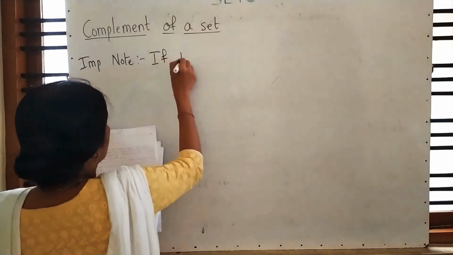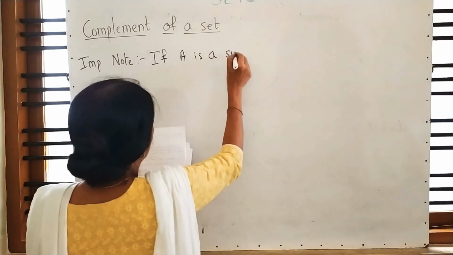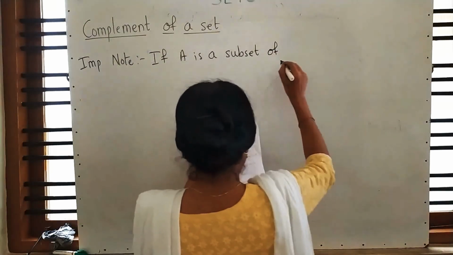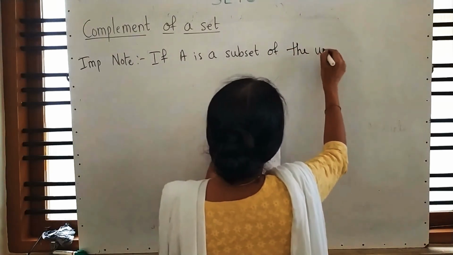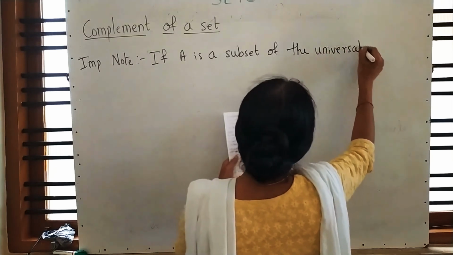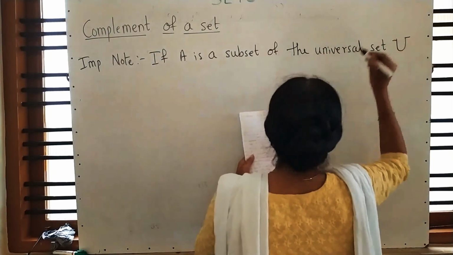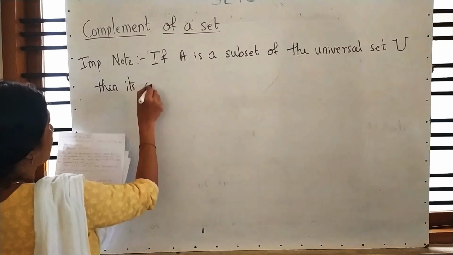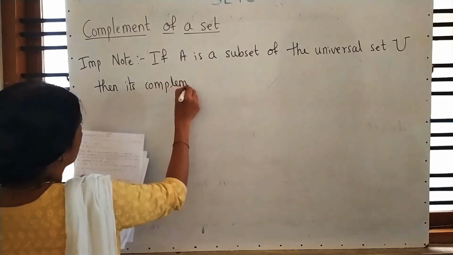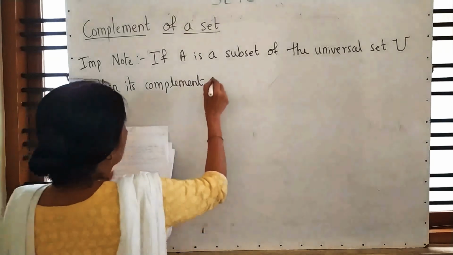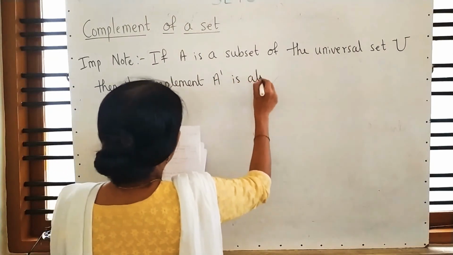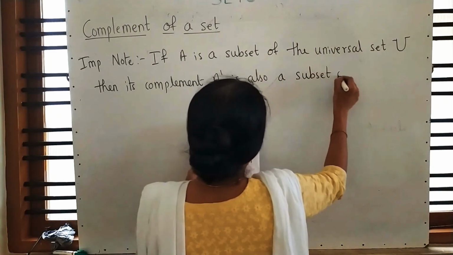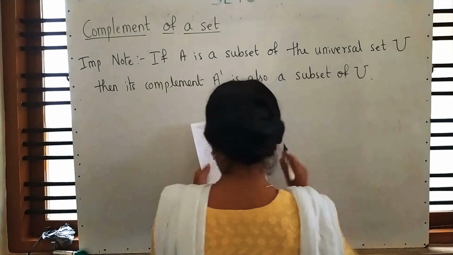If A is a subset of the universal set U, then its complement A dash is also a subset of U, the universal set.